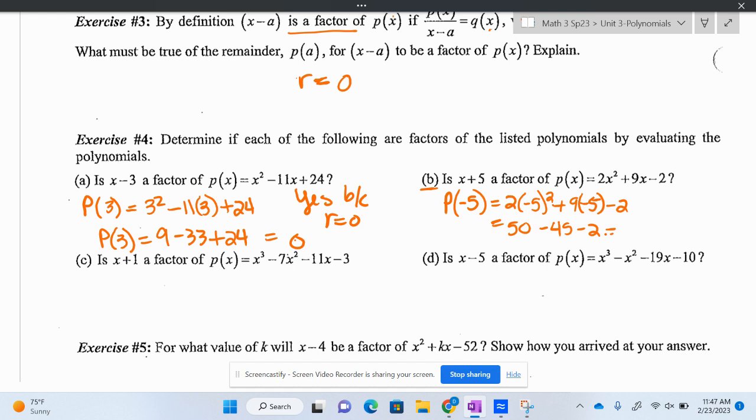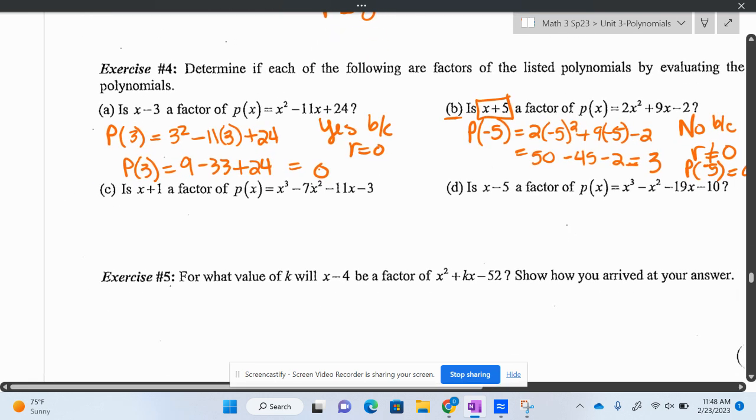Well, 50 minus 45 is 5. Minus 2 is 3. So is x plus 5 a factor of 2x squared plus 9x minus 2? No, because r does not equal 0. Or better put, p of negative 5 does not equal 0. Okay? Are you understanding this?